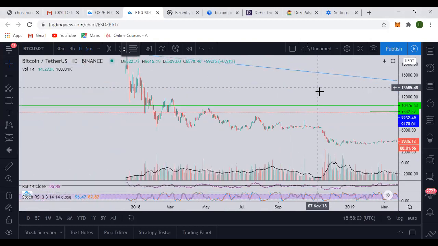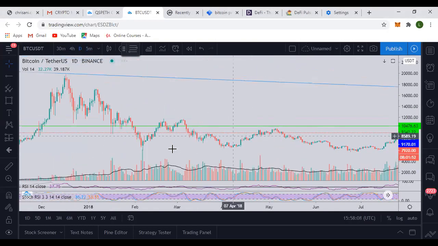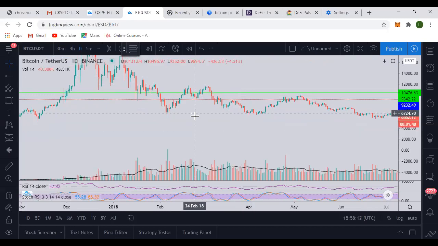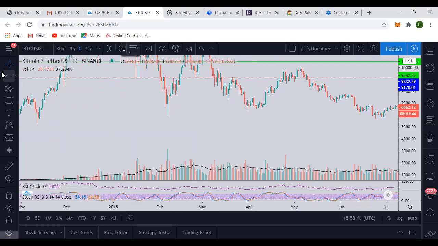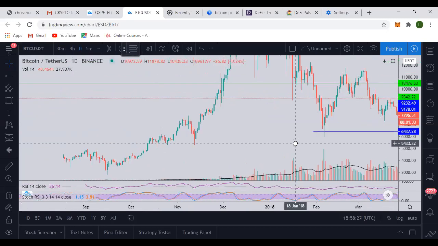Let me find something like that. I don't see one. Let's look at something like this. See this place, this is an established support. Oh no, let me not use this one. Let me find one.